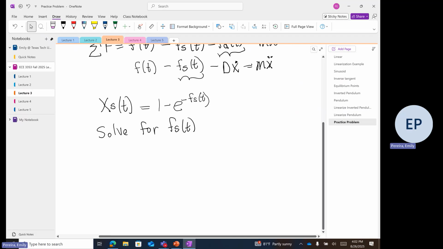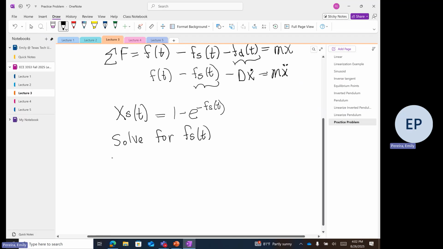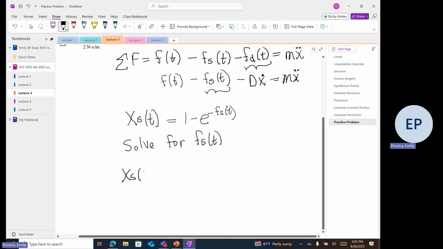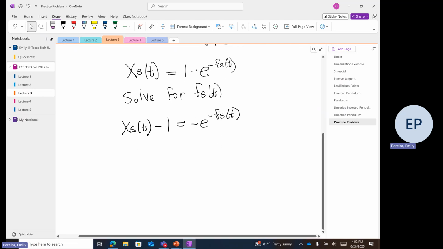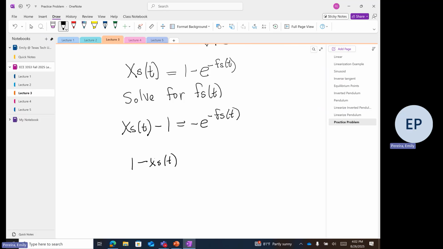Okay, so how are we going to do that? So x of st minus 1 is equal to negative e to the negative f of st. If we multiply by negative 1 on both sides, we get 1 minus x of st is equal to e to the negative f of st.